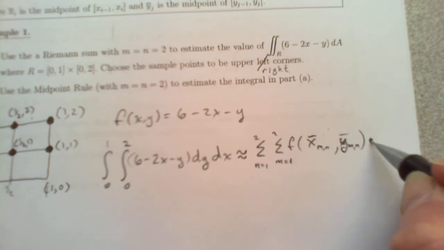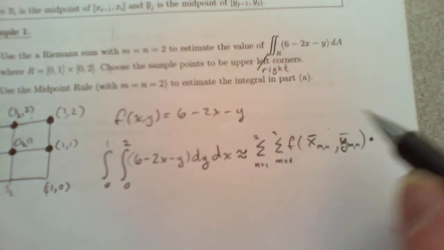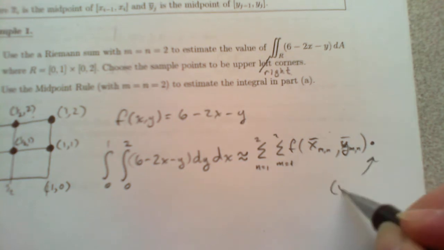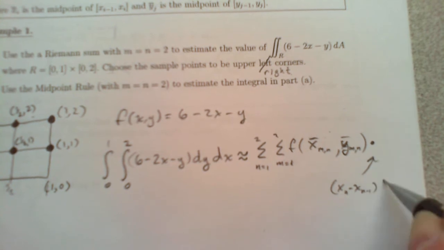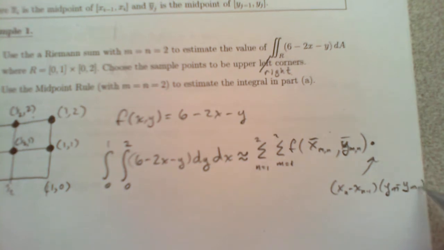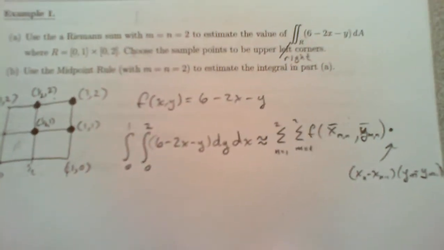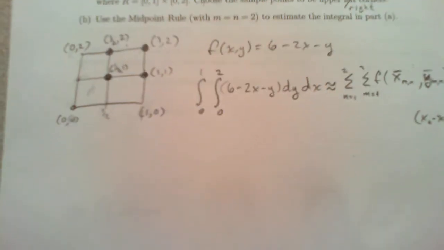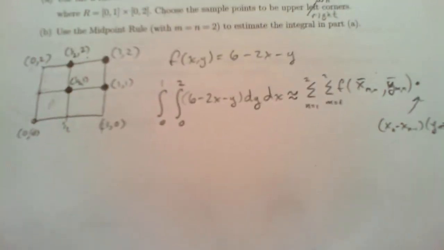Now multiplied by the area of these things. I'm running out of space on this page here, but right here you would have x_n minus x_n minus 1, y_m minus y_m minus 1. All right, so don't worry about this technical thing. Here's how this all breaks down really easy. I was just writing it for what it's supposed to be. This is actually super simple.